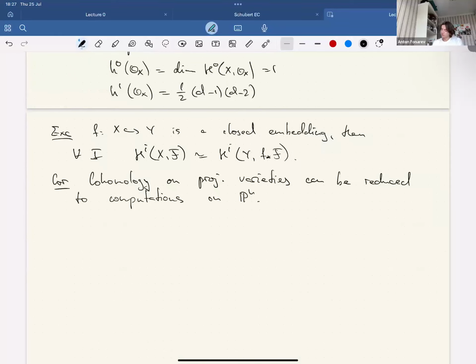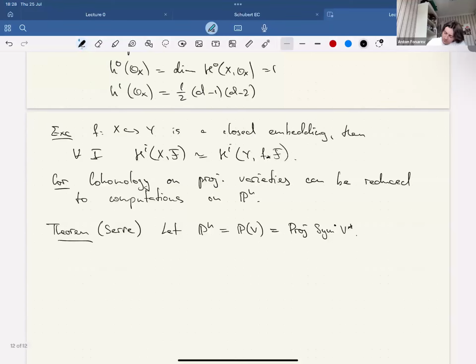And this is where we come to another theorem of Serre, and the theorem of Serre specifically says the following. So let Pn be the projectivization of V, which is the same as Proj of the symmetric algebra of V star.